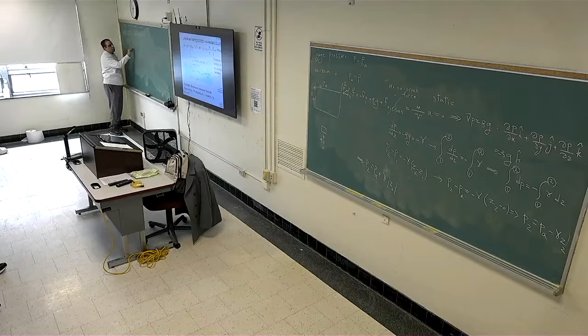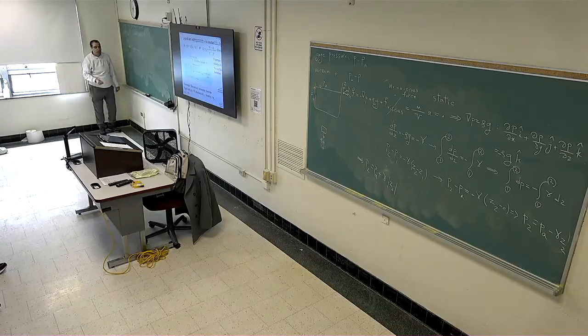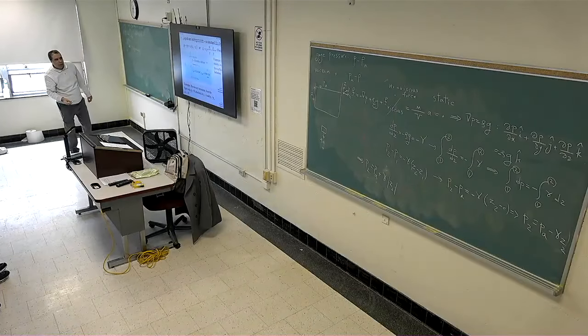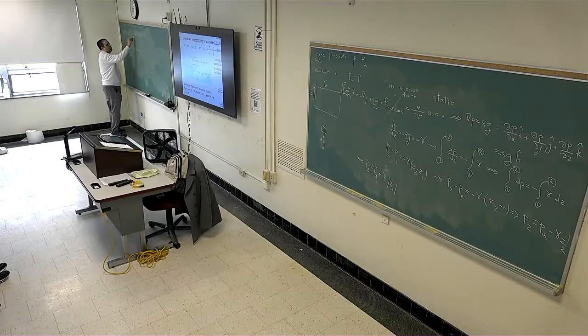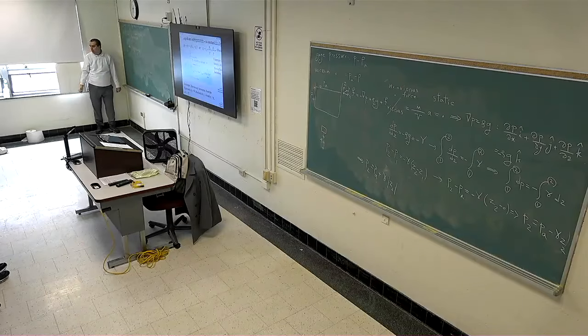Gamma is rho g. How much is rho? For water, 1000 multiplied by 9.81. For air, how much is rho? 1.25, for example, multiplied by 9.81.